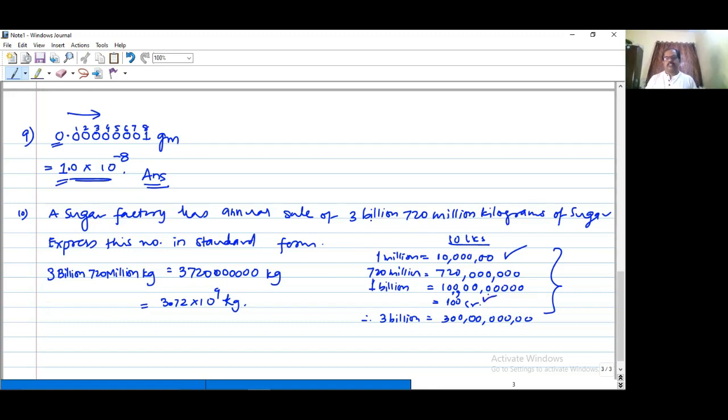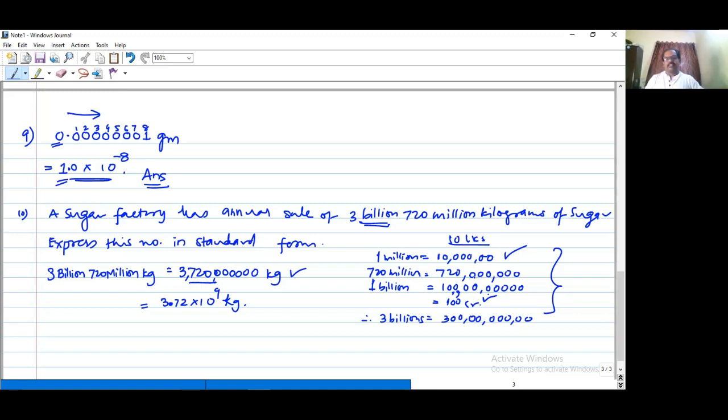So here it is 3 billions, and 3 billions is nothing but 300 crores. So we can write the number 3,720,000,000 kgs in this way. Here it is 3,720 millions, which means 720 lakhs, right?